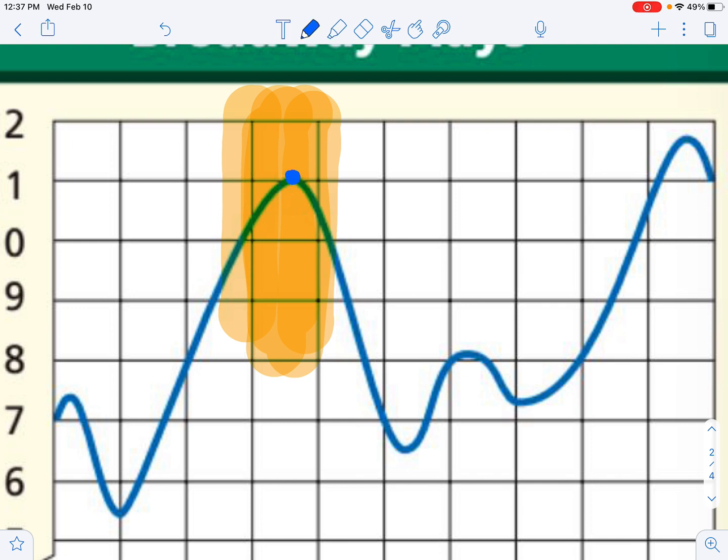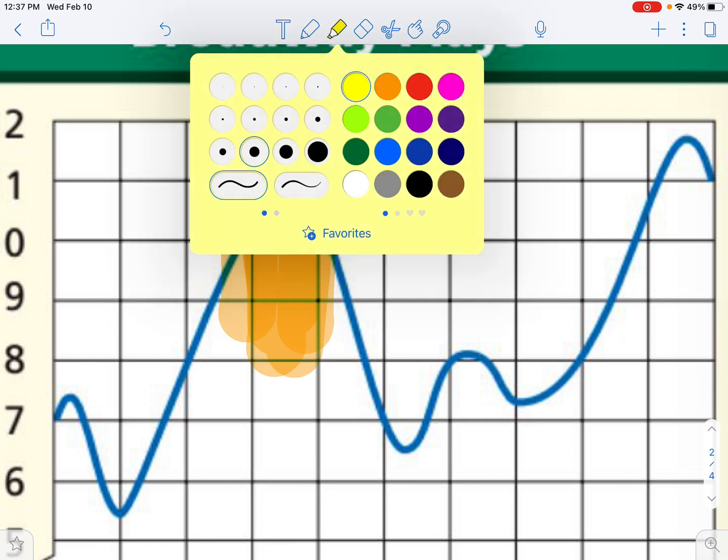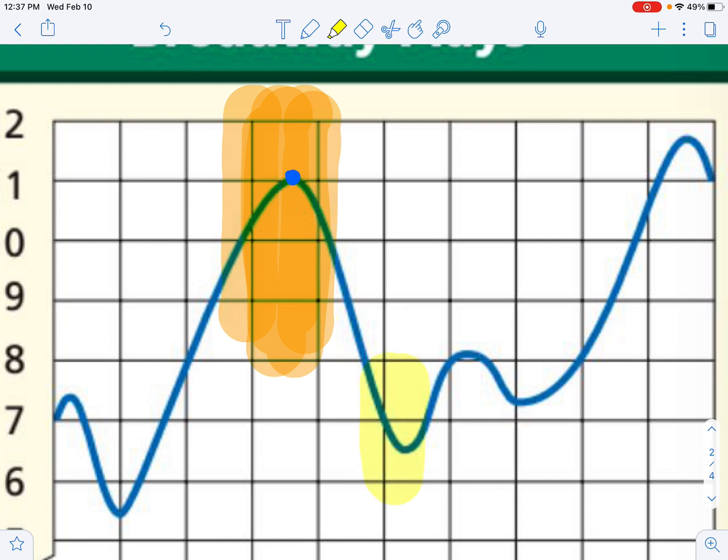Well, yes. Right here. That is the highest point between these two lines. That is a relative maximum. And I have a relative minimum here in this graph between these 2 points. And you can simply say that in terms of your description.